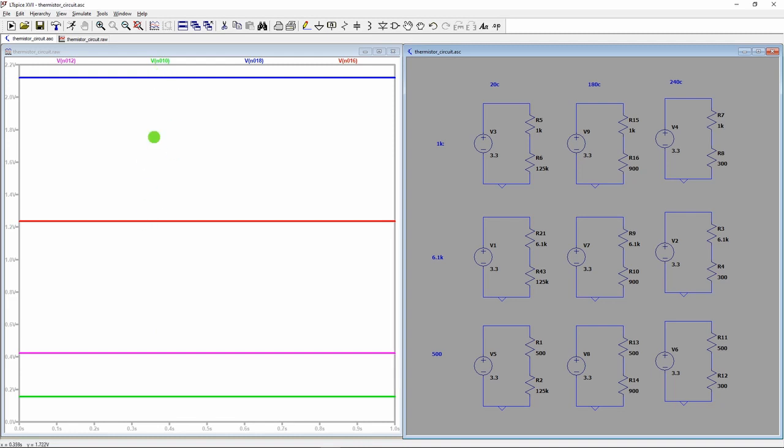So you can see that it's almost 3 times larger in width than the 6.1K. So we're going to be getting 3 times more resolution rather than using the 6.1K. So thus we can conclude that using the 500 ohm resistor is going to give us a better resolution than the 6.1K would for the range of 180C to 240C.